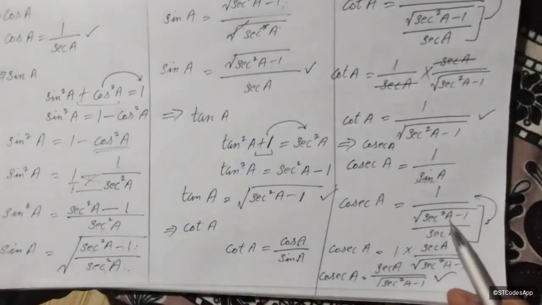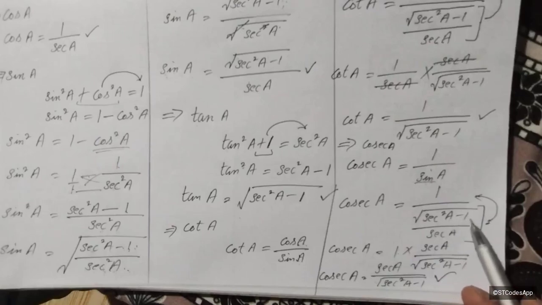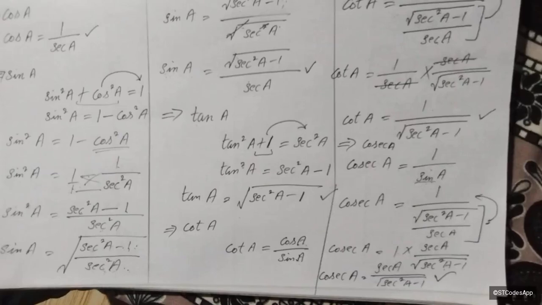Sec will go upside and under root sec square A minus 1 will come downside. Now when we multiply this full with 1, we get the same answer. So that is the final answer.